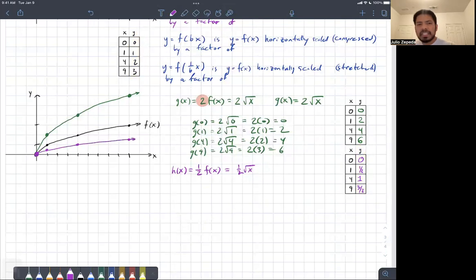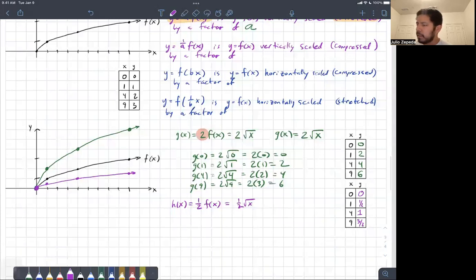It still got roughly the same shape, but you can see that it got squished. We would say that the function got vertically compressed, right? It got squished down. And we would say it got vertically scaled by a factor of 1/2. It got compressed. Okay, and hopefully that shows that there.